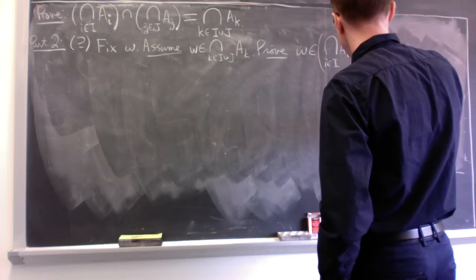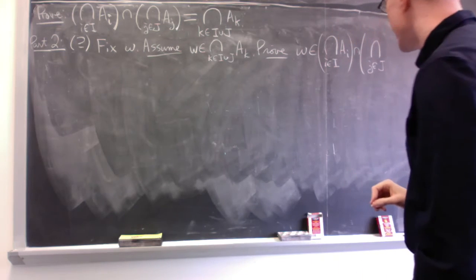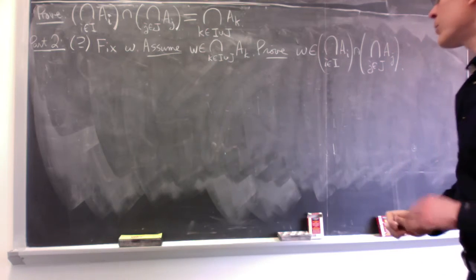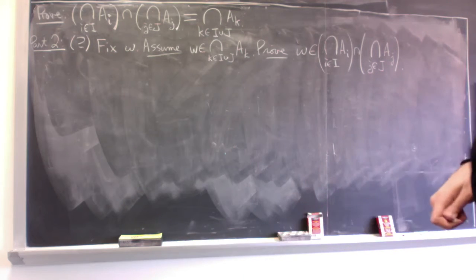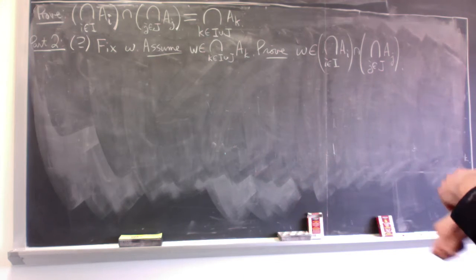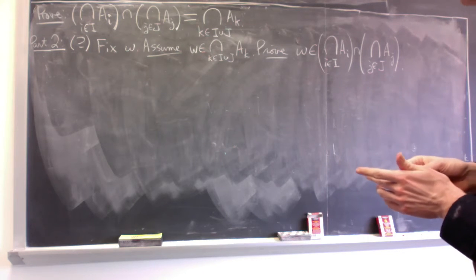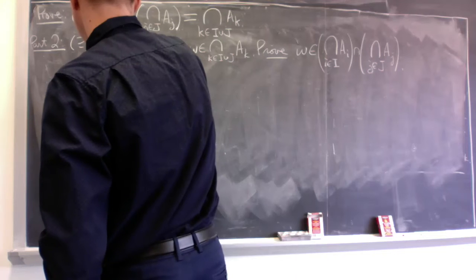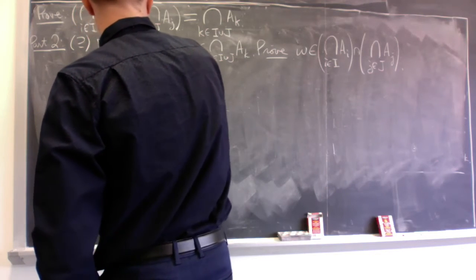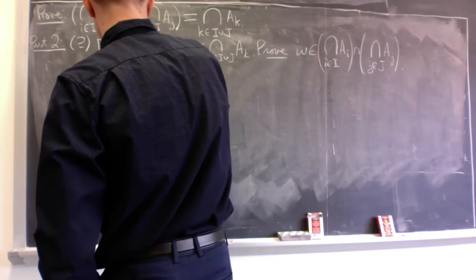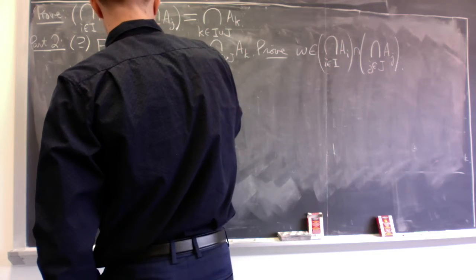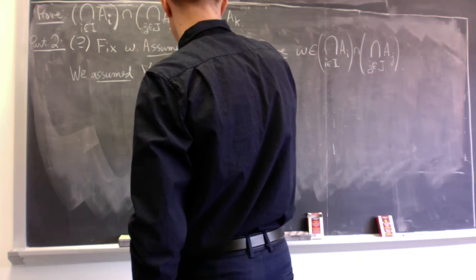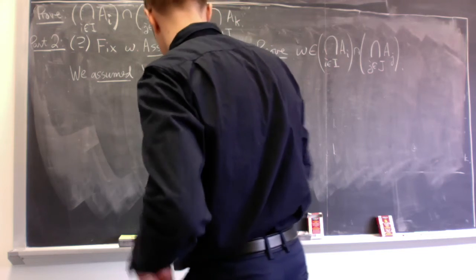Try not to get too intimidated by the gigantic intersection symbols, all the symbols. Seems like a lot. You just march through them one by one, expand definitions little by little, and go from there. Here we assumed, expanding the same definition we had earlier, for every k in I union J, w is a member of A_k.